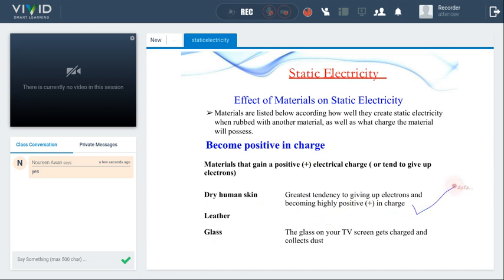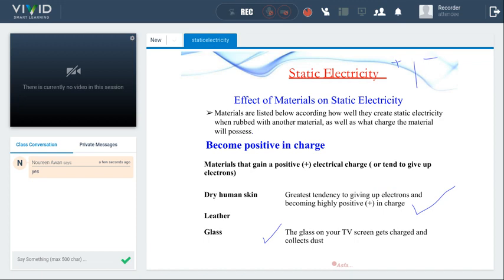That's why our skin gets a positive charge, leather gets a negative charge, and glass gets a negative charge again. There are different materials that get positive charge and different materials that get negative charge. You will make a list on your paper of which materials get positive charge and which get negative charge, and that will be your notes for your exams.